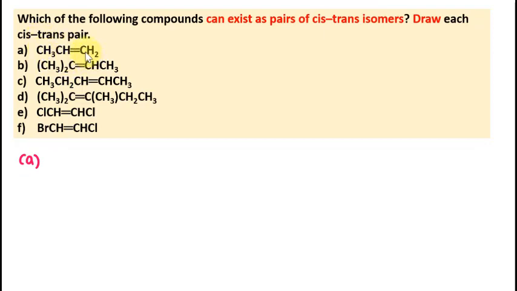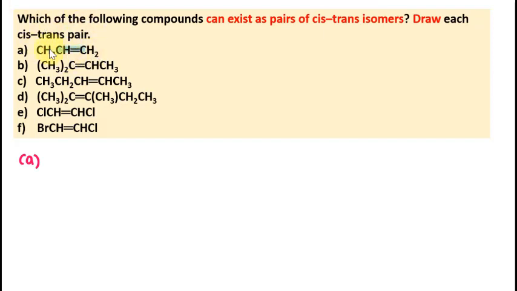First, let's check whether this compound has carbon-carbon restricted rotation. If you can see here, we have the carbon-carbon double bond, so this is the carbon-carbon restricted rotation. Then we have to check the second requirement: each carbon of the restricted rotation must be bonded to two different atoms or groups of atoms.